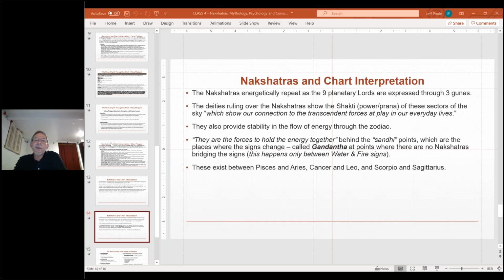It's such a fascinating study. Nakshatras, they're just amazing, absolutely amazing. So if some of you in the next week would like to send your chart information to me, if I didn't say I already had it, and we're going to be talking about Hasta. Hasta is my favorite nakshatra, and you'll learn why next week.